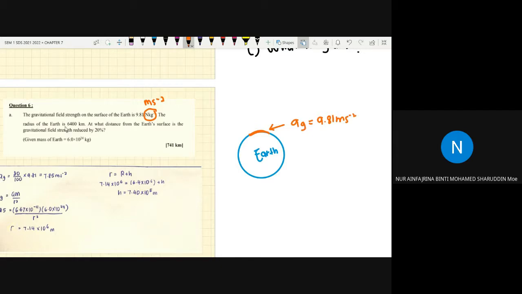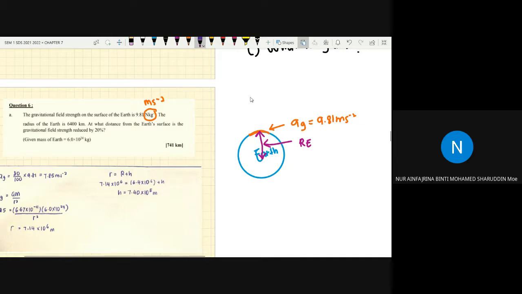And then dia cakap the radius of the earth is 6,400 kilometer. So this is your radius of earth. Okay. And then at what distance from the earth's surface is the gravitational field strength reduced by 20%?